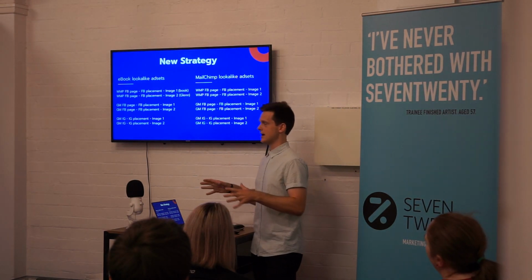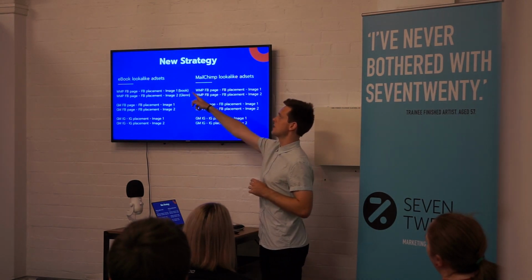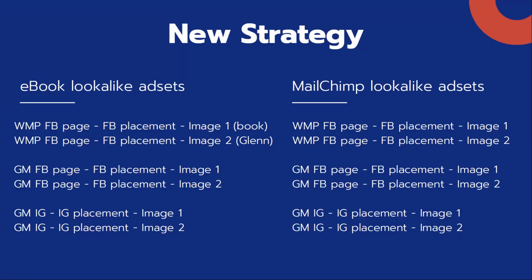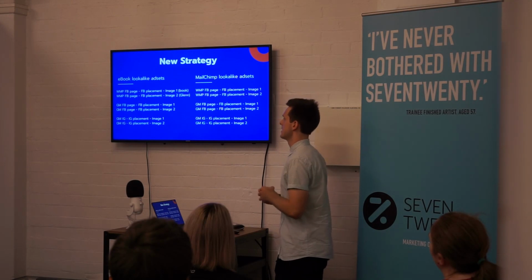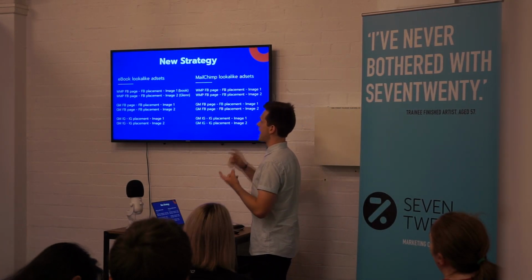So this is what it looks like. I'm going to try and give it a bit of a rundown. On the campaign level, we had these 2 new campaigns: the ebook lookalike, so the people who have downloaded the ebook, and then the new MailChimp lookalike, which is the total MailChimp audience. Within these, we wanted to experiment with the page it was coming from.